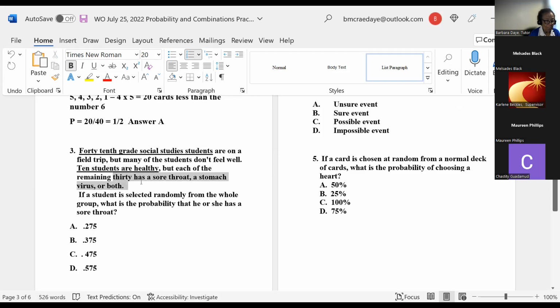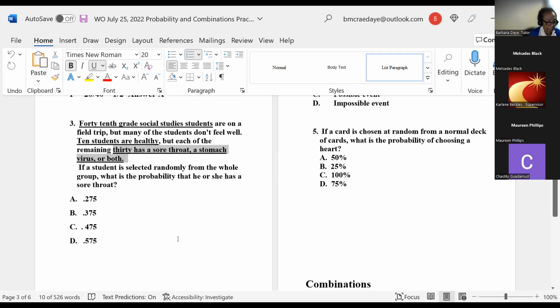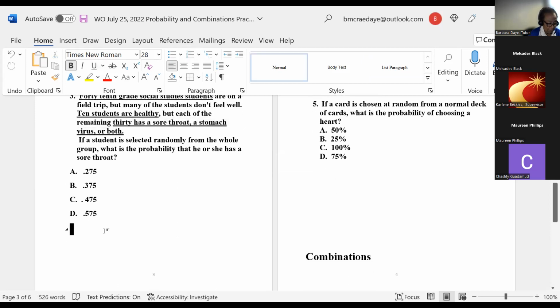So you're trying to find the probability that he or she has a sore throat. And you're doing that from the whole group, right? So the probability a student has a sore throat would be equal to what?